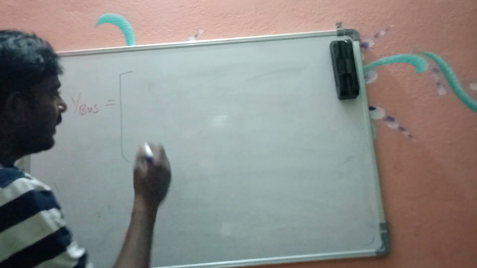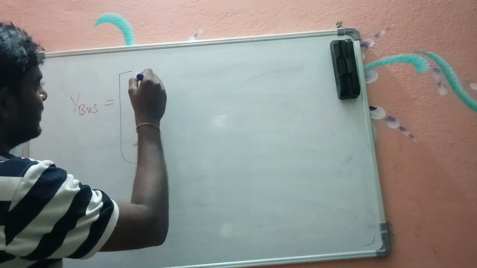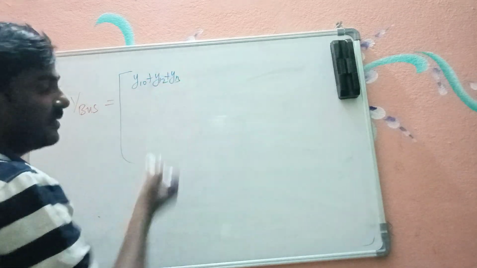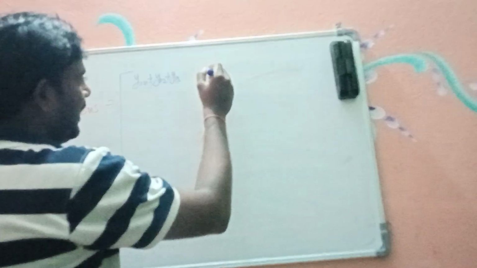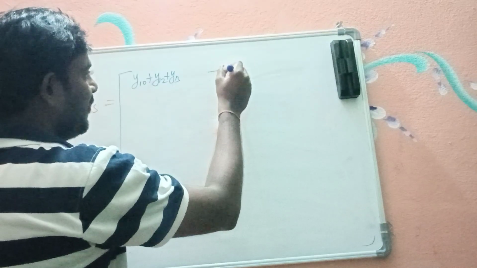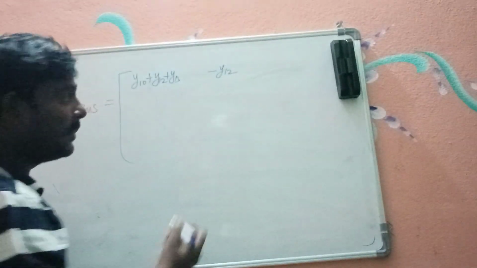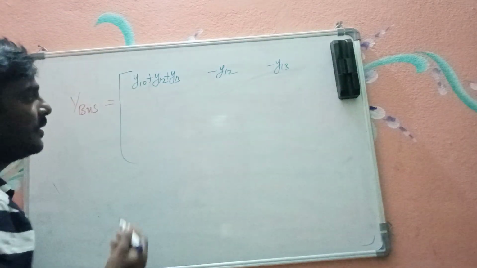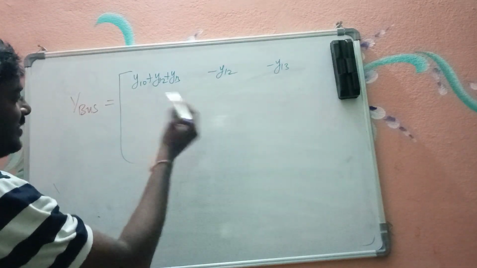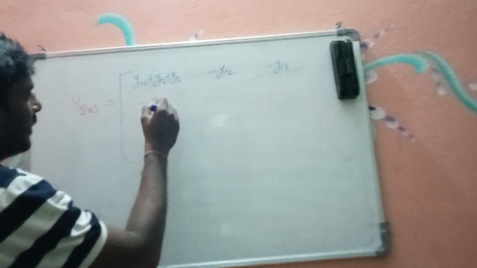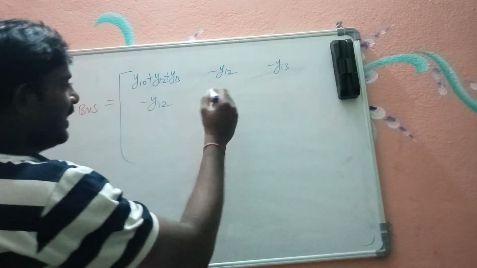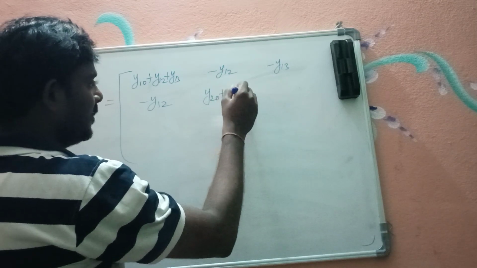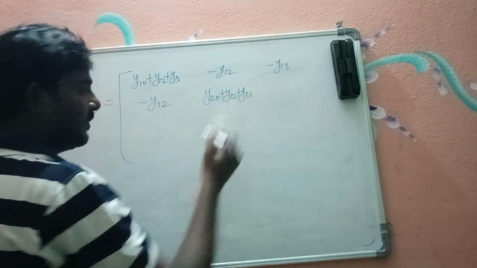what is the first element? First element is y10 plus y12 plus y13. What is the second element of the matrix? Minus y12. What is the third element of the matrix? Minus y13. Next, second row. For the second row, first element is again minus y12. Second element is y20 plus y12 plus y23.